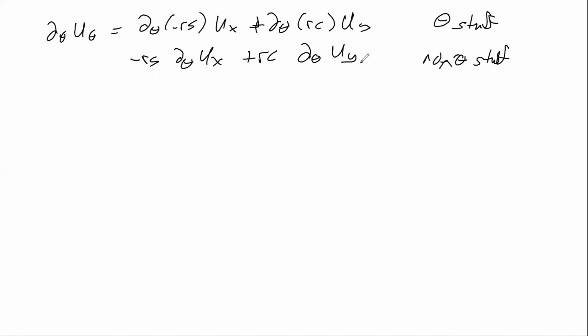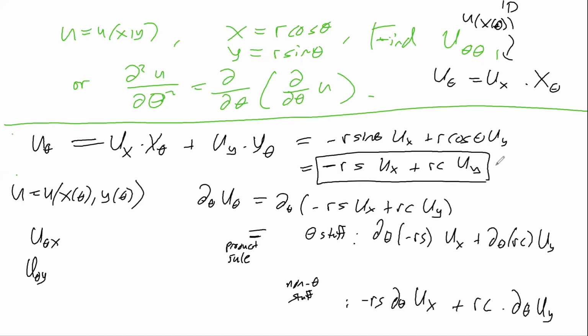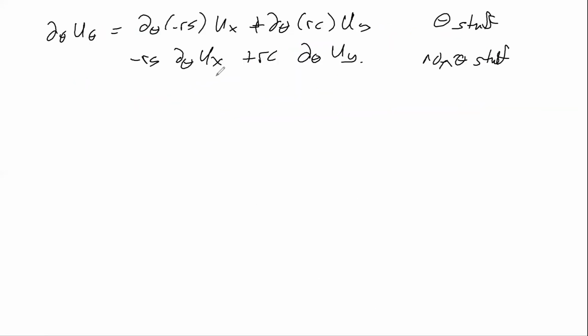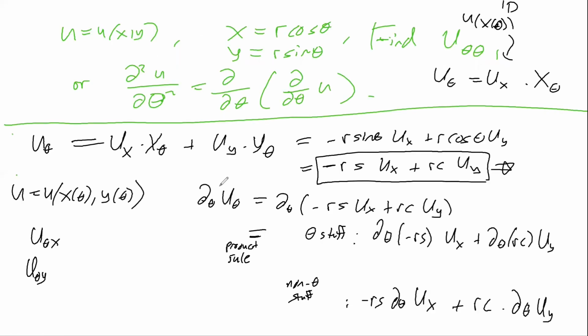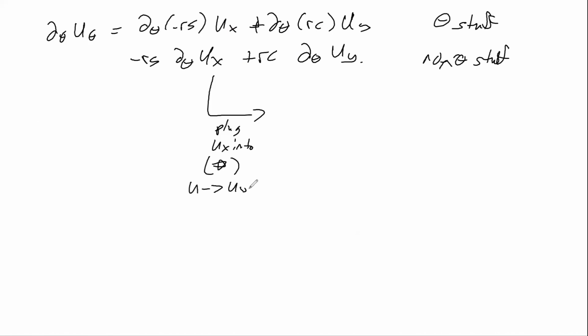So now you go back to our formula here, because this actually gives us a recipe for computing any theta derivative. So to get these things, you're just going to plug ux into that formula. Replace u with ux. And we'll do the same thing with uy.